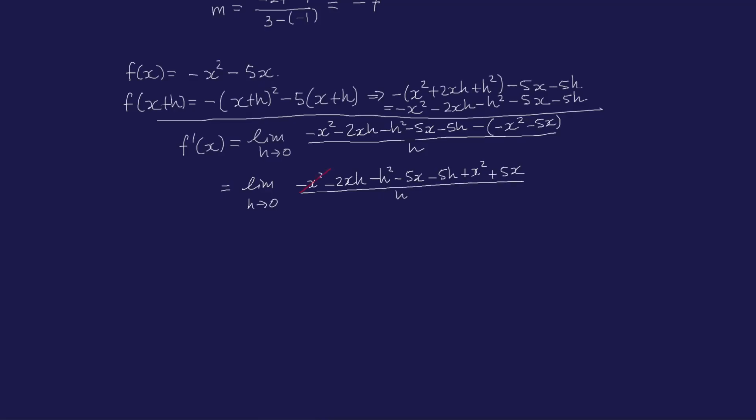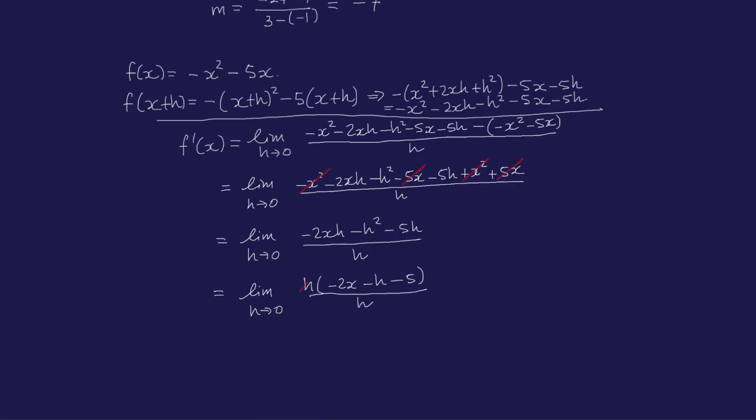So now the minus x squared plus x squared cancels, and minus 5x plus 5x cancels. So we've got the limit as h approaches 0 of minus 2xh minus h squared minus 5h, all divided by h. So now I can take out h as a factor. So the limit as h approaches 0 of h into minus 2x minus h minus 5, all divided by h.